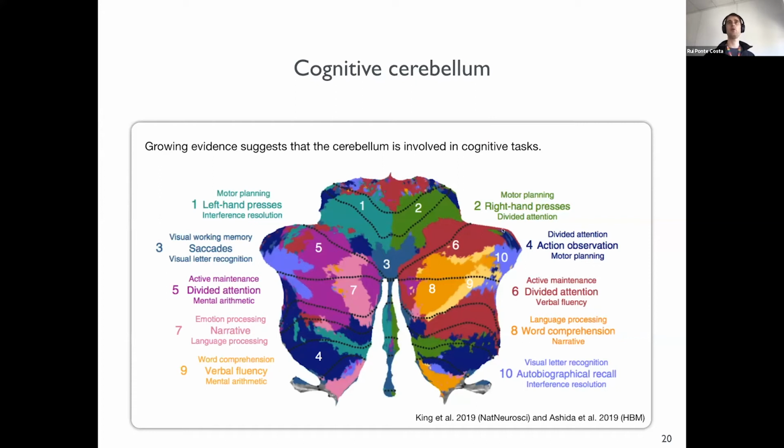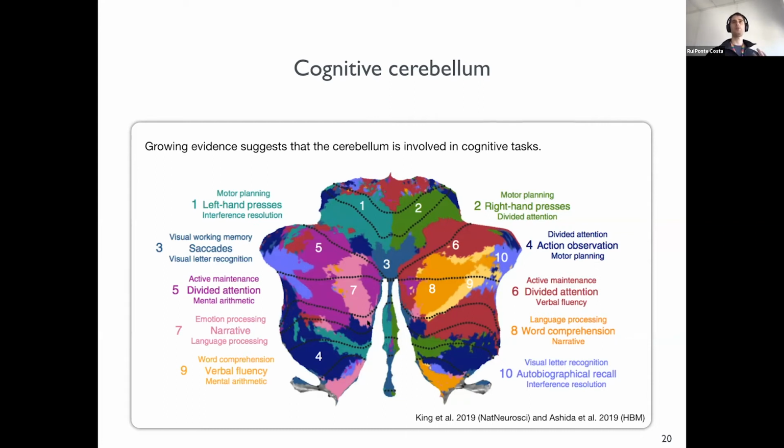So here I'm showing you a summary of those results, where using imaging, King et al. basically unfolded the cerebellum. So they changed the 3-dimensional structure of cerebellum onto a 2D structure to highlight how different regions encode different tasks.